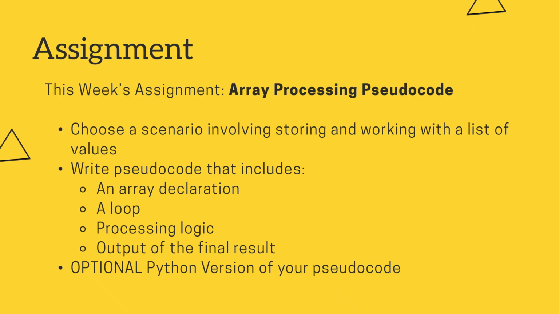You're going to upload a document containing your pseudocode and a brief label at the top with whatever your chosen scenario was. If you choose to do the extra credit, the optional Python enrichment, you're just going to create the Python version of the assignment. Use a Python list to store the values like the scores or the temperatures, and then calculate and print the results.